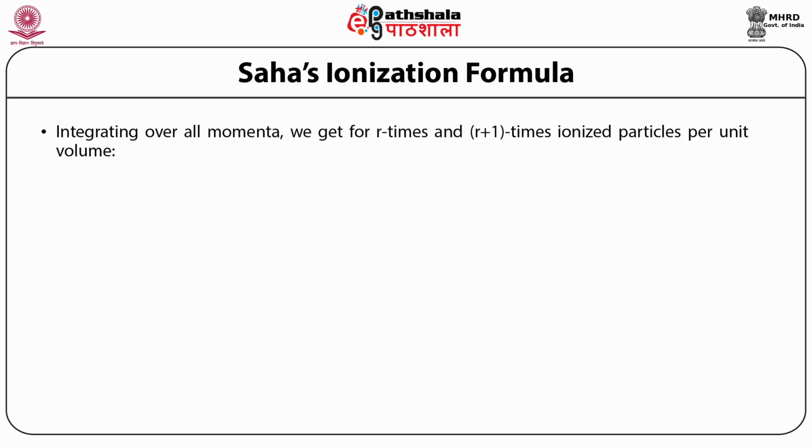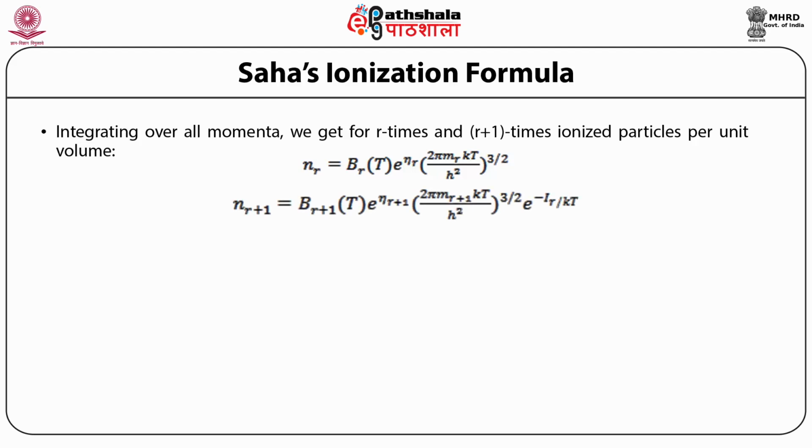If we integrate over the entire momenta, we get for r times and r plus 1 times ionized particles per unit volume: n r equals b r of T, e raised to the power eta r multiplied by 2 pi m kT divided by h square to the power 3 by 2.